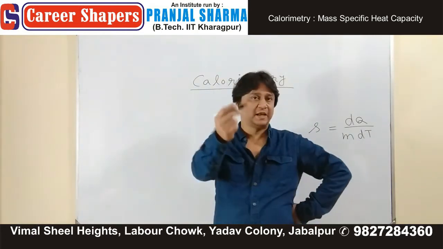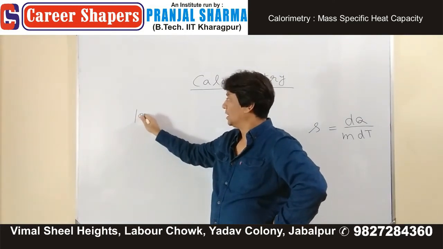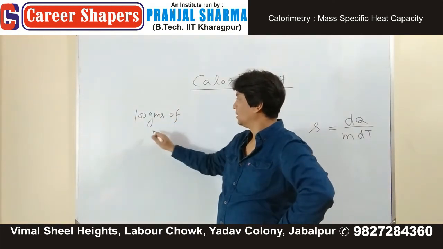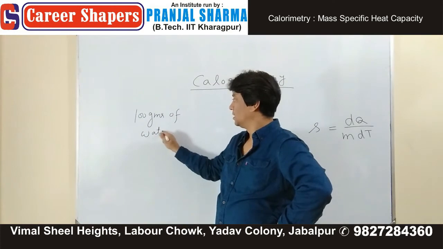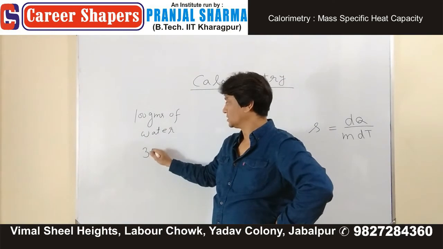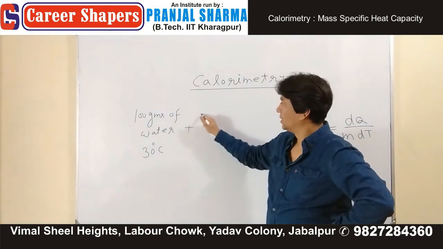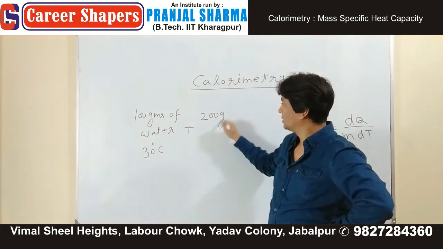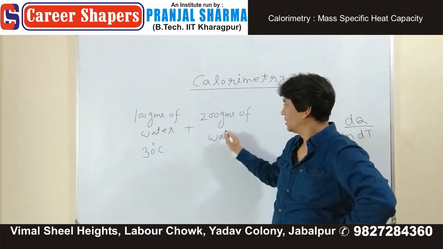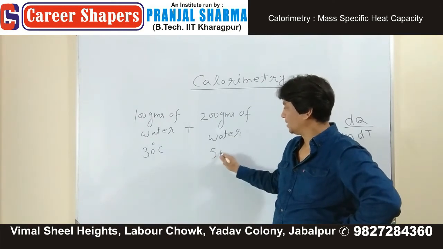We'll start with a very easy question. 100 grams of water at 30°C, and you mix this thing with 200 grams of water, but this is at a temperature of 50°C.